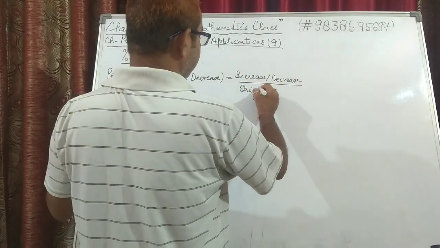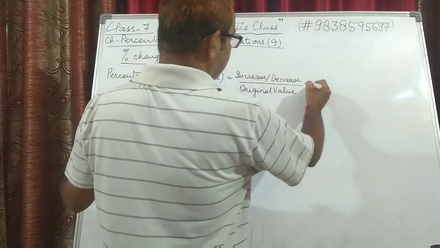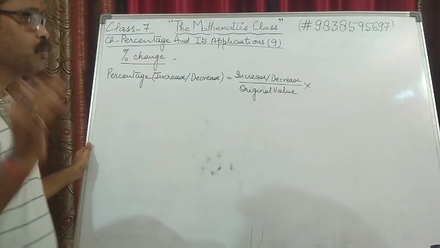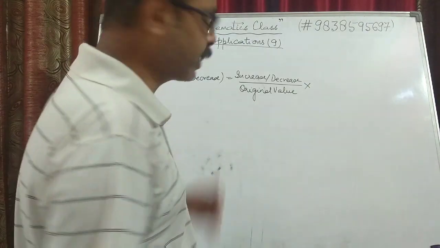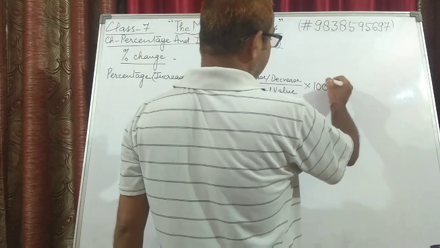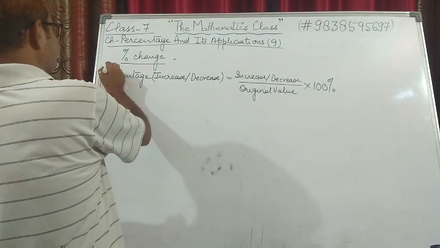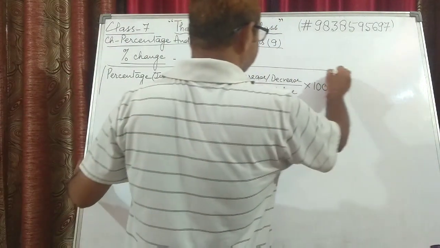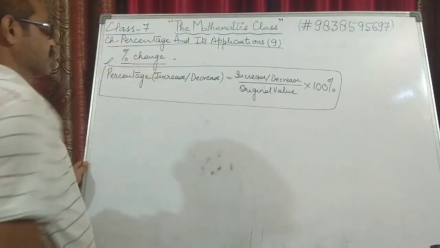So I will be writing original value because price confines you to one thing, it should be price, but value can be in any reading or anything it can be. So original value into 100 and a percentage sign. This is the formula that we all need to study, or this formula you all need to memorize.